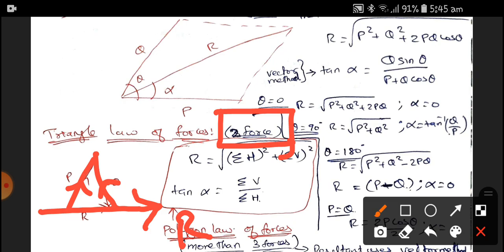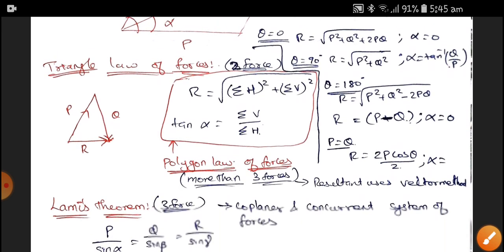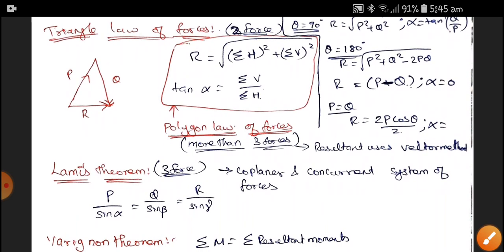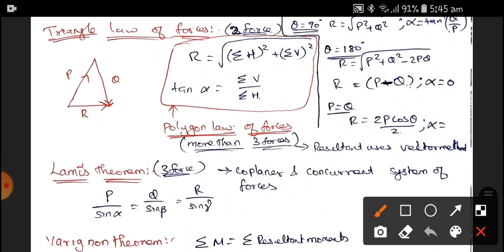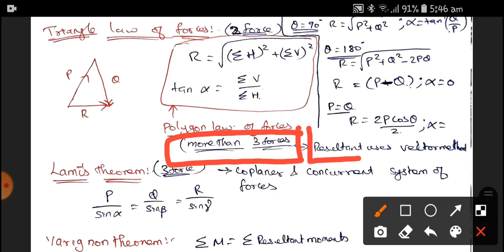And next one is the polygon law of forces. The polygon law of force is for a three-force system or a system of three or more forces. Here you have to notice that the resultant is found by a vector method. What is the polygon law of force?